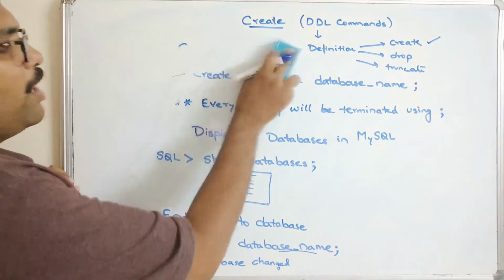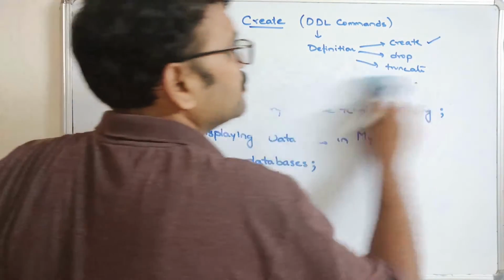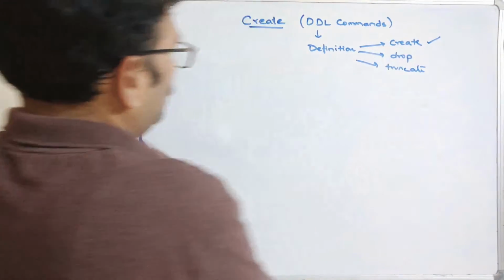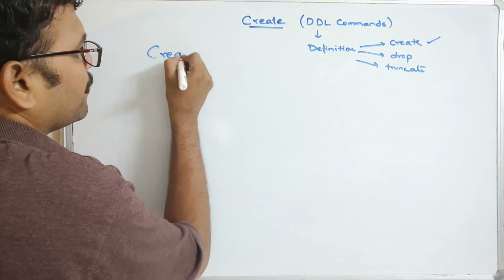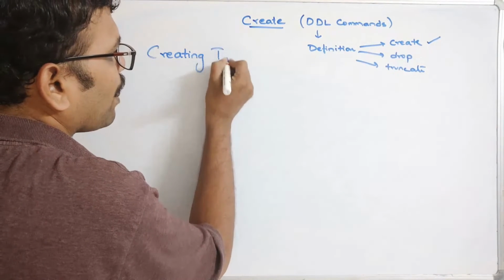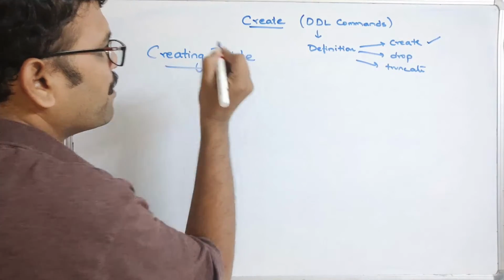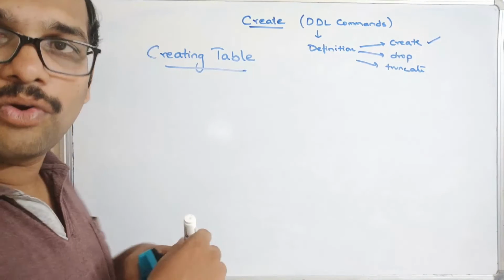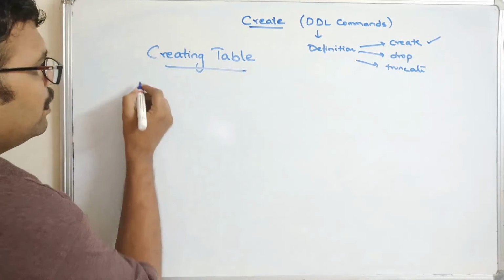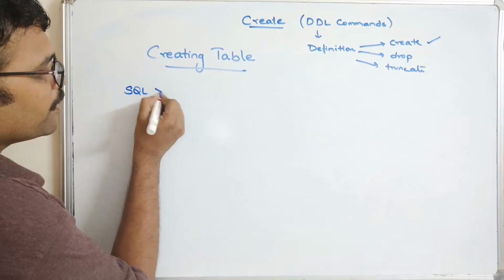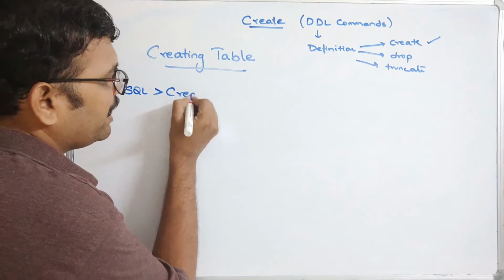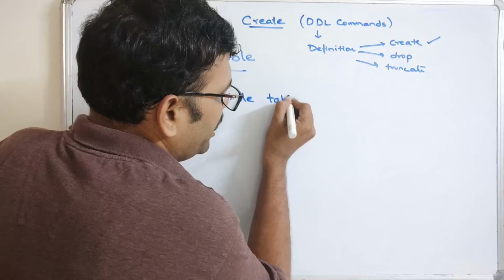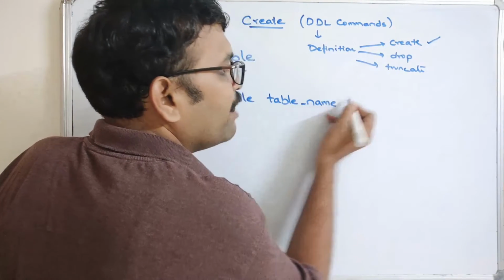So next step, how to create a table. Creating a table. As I have said, the query can be written in multiple lines. At the SQL prompt, give the command create table, give the table name, and open the parenthesis.